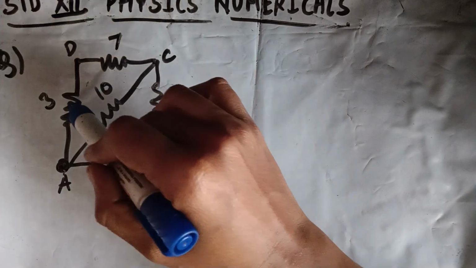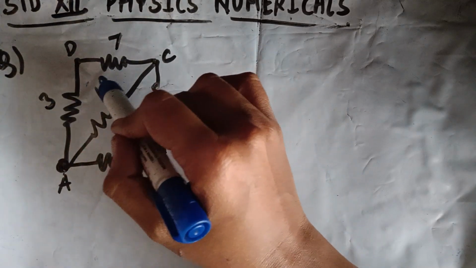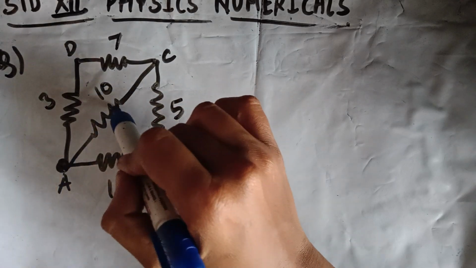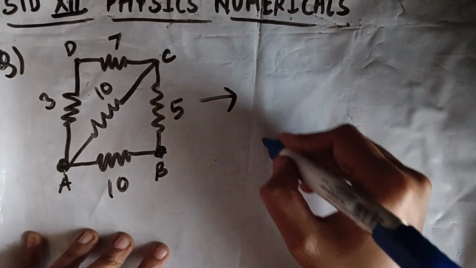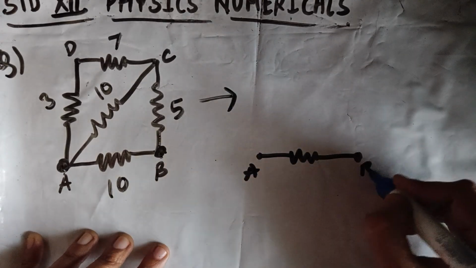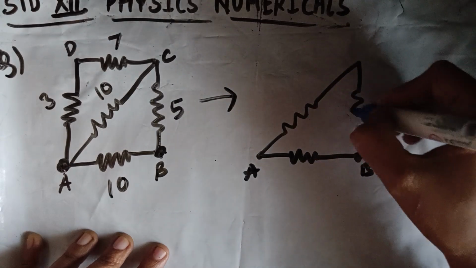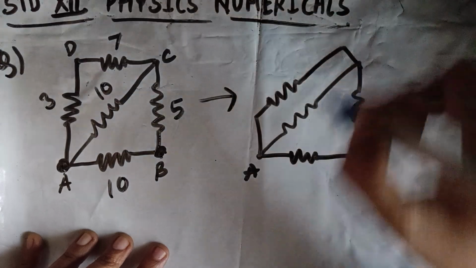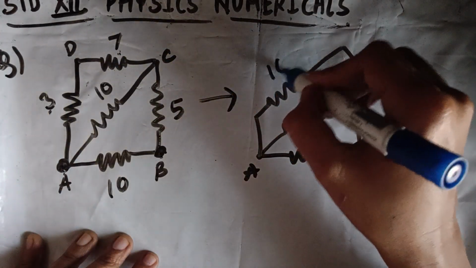Then the resistance which we get by adding them will be in parallel with this resistance 10. I will just draw this. A and B you have to keep fixed. So you will get it like this. If they are in series you can directly add them. So this becomes 10.